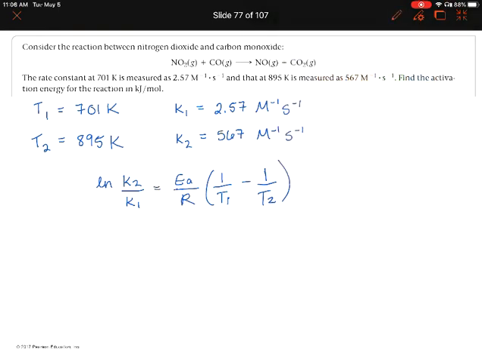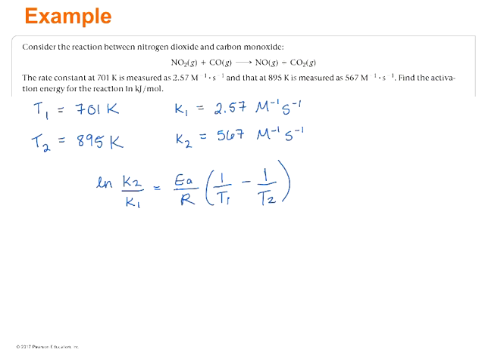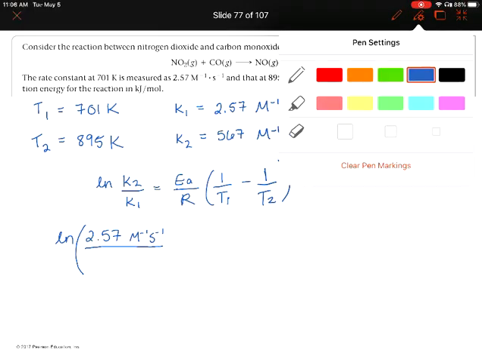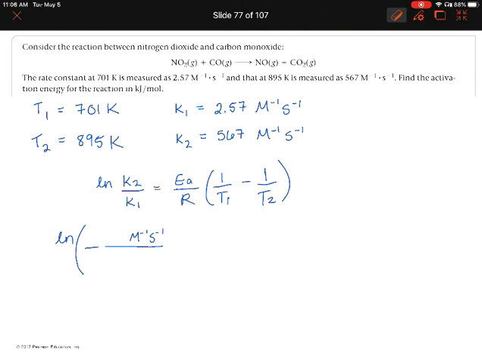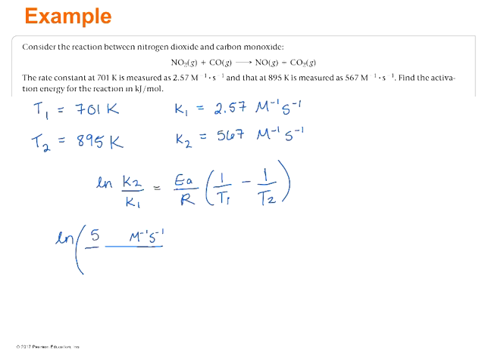All right, so let's plug in everything we know. So K2 is 2.57. K1 is, oh, whoops, I already messed it up. I flipped my K's. All right, so K2 is actually 567. And then K1 is 2.57.